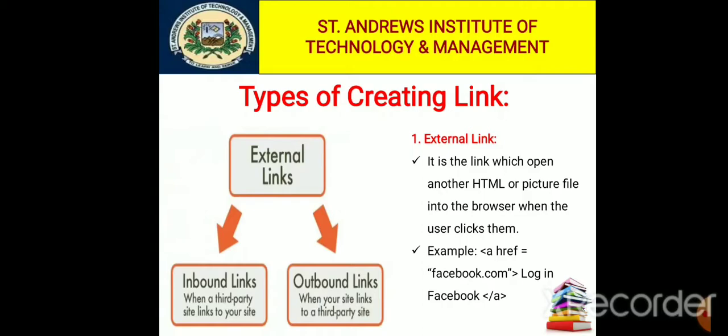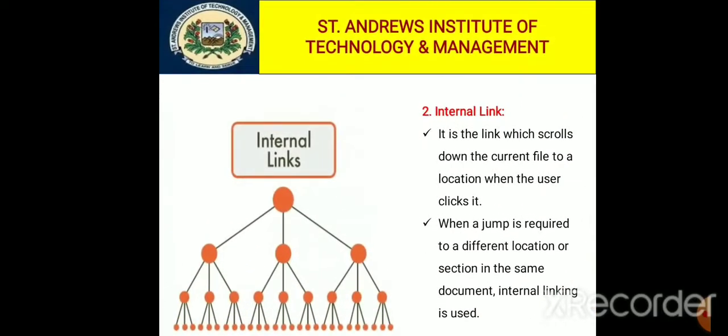Okay, next is the internal link. An internal link is a link which scrolls the current file to a location when the user clicks it. When a jump is required to a different location or section in the same document, an internal link is used.